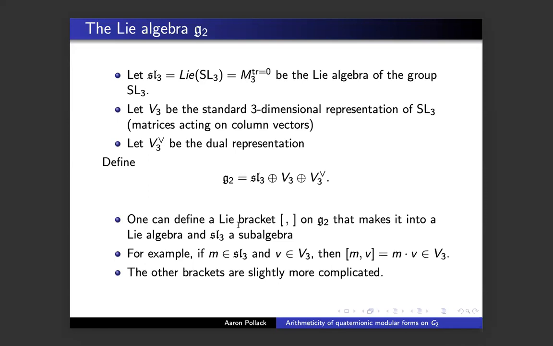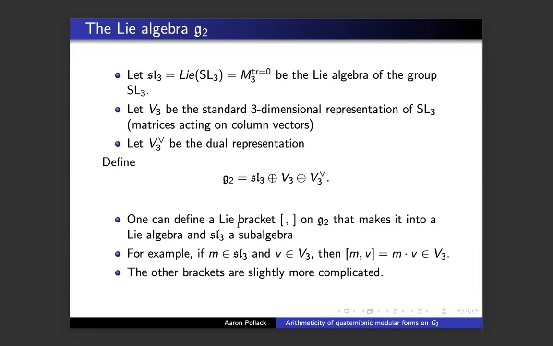So just as vector spaces, I define the vector space g2 to be the direct sum sl3 plus V3 plus V3 check. So this is dimension 14: sl3 has dimension 8, as 3x3 matrices of trace 0, and V3 and V3 check each have dimension 3.